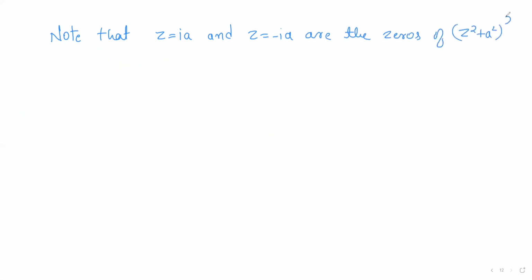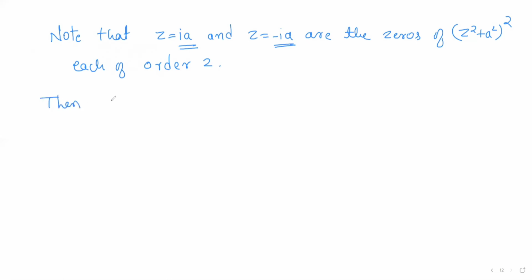So there will be a total of 4: this zero is of order 2, and this zero is of order 2. 2 plus 2 is 4, so there will be 4 zeros.